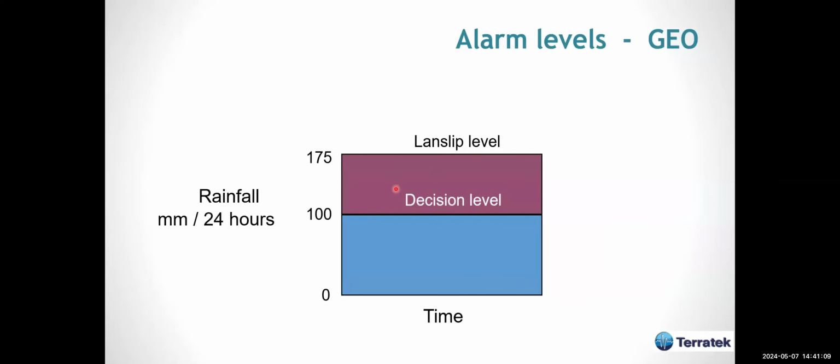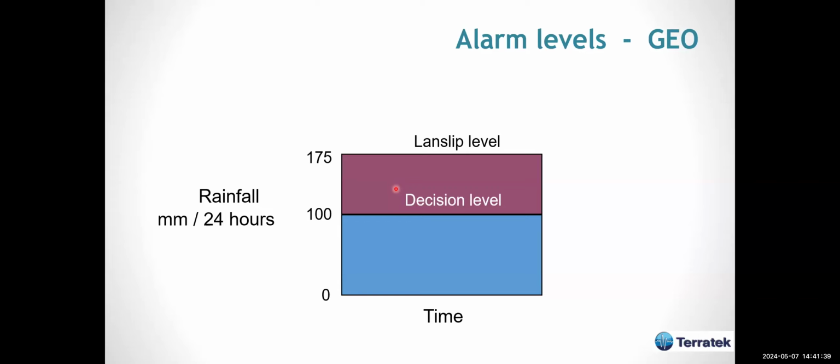So what we learned about the GEO in Hong Kong, when they decided to put that in, the difficulty is to have an alarm level. With time, the meteorologists who analyze the data, the rainfall, etc., come to a trigger level in which they have to decide whether or not to issue an alarm.